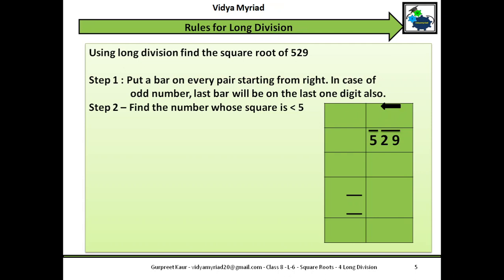Okay. Now you will find a number whose square is less than 5. In this case you have to focus on the squares only. You can't do 2 into 3 or 4 into 5 or 6 into 9. Nothing like that. Only the squares, which means 2 into 2, 3 into 3, 4 into 4, 5 into 5. You will just work on a square of a digit.